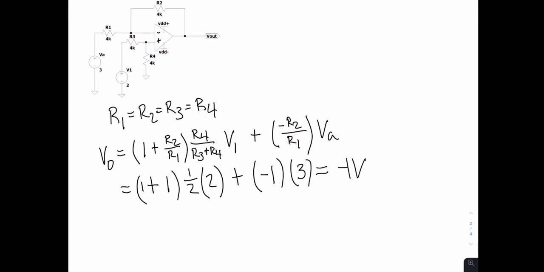If you want to simplify this formula, again, on your own time, when all four resistors are equal, it's simply going to be Vout equals V1 minus VA, which is equal to 2 volts minus 3 volts, which equals negative 1 volt.